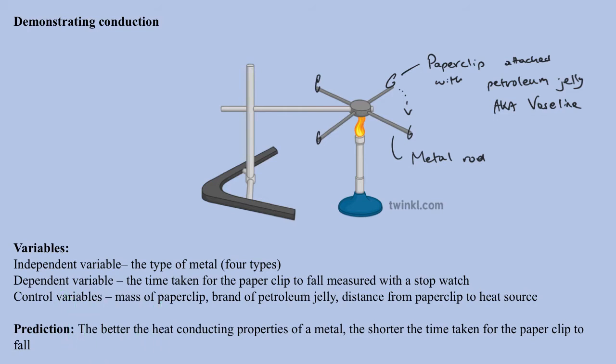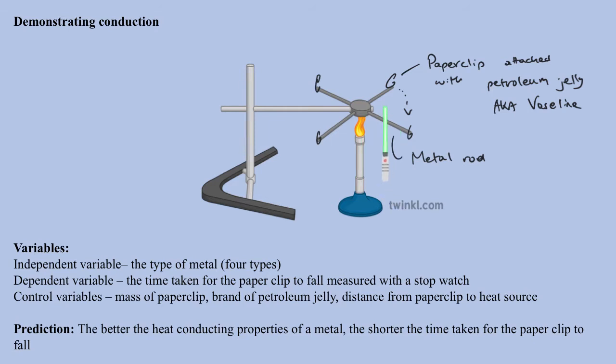Control variables, well, I've got to make sure I've got the same paper clip. Got to make sure it's the same size. It's not fair if one is massive and one is little. I've got to keep the same brand of jelly. Okay, remember, I want that jelly to be melting at the same temperature, because I'm looking at how fast does my metal heat up.